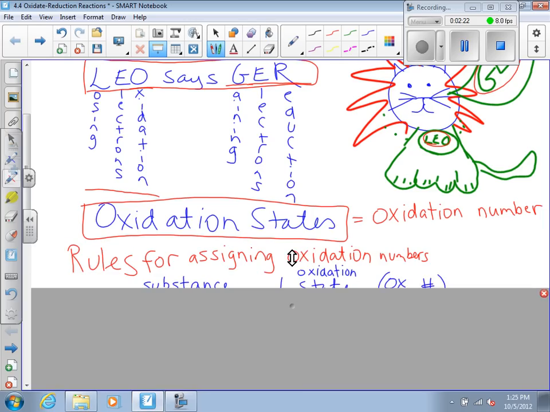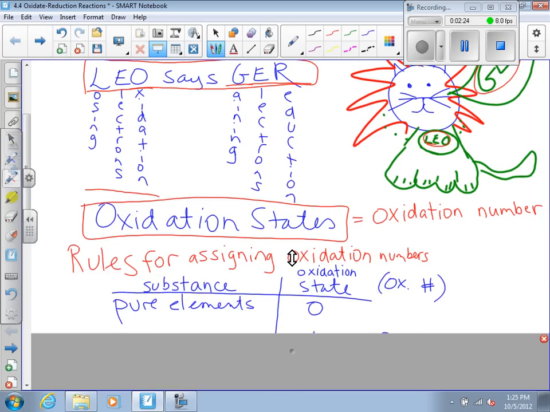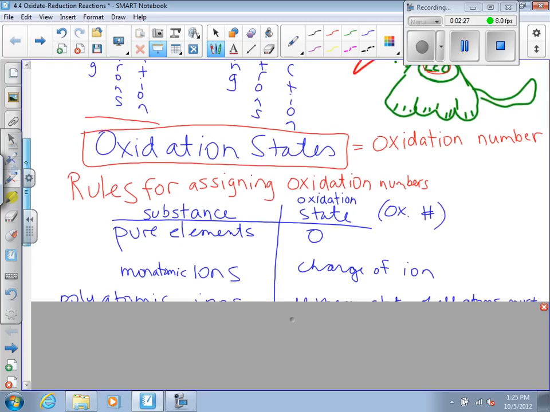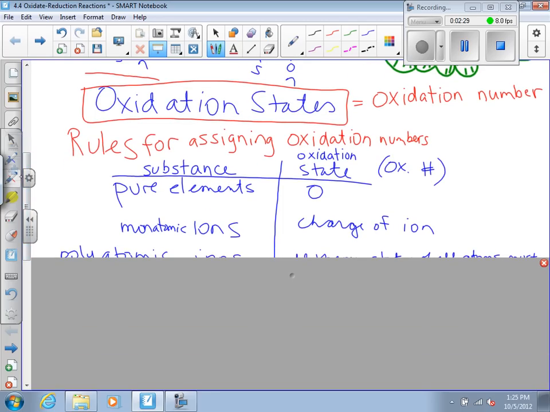So we have to start out with some rules for assigning oxidation numbers. Here's a chart. We have different substances and their oxidation states. So for pure elements, the oxidation number is always 0.